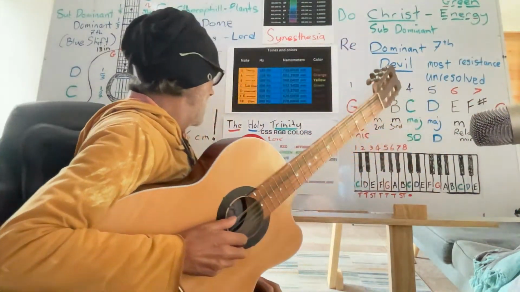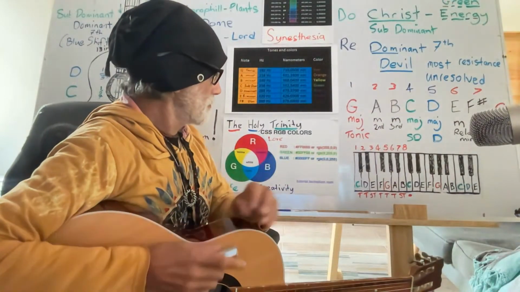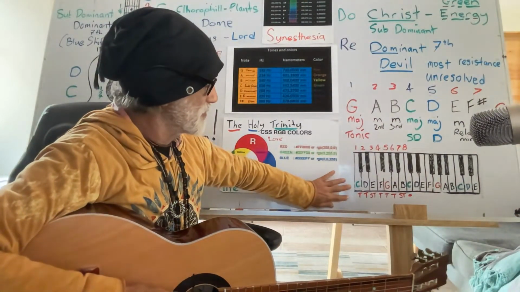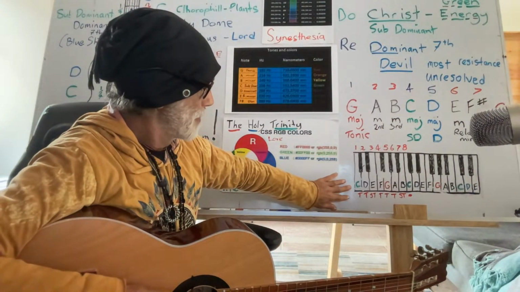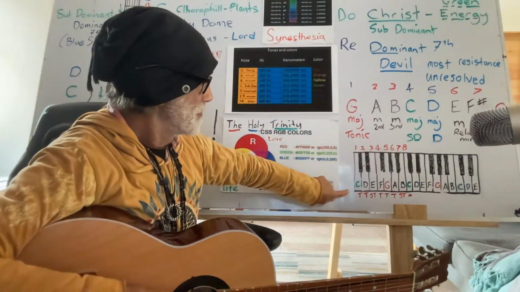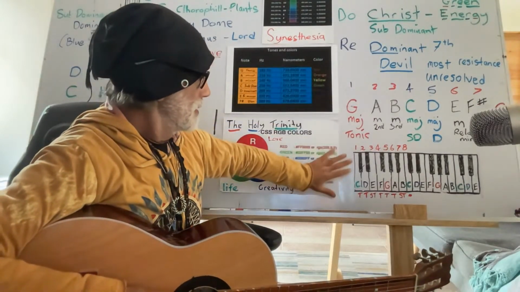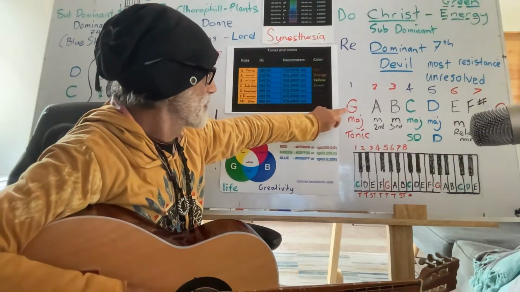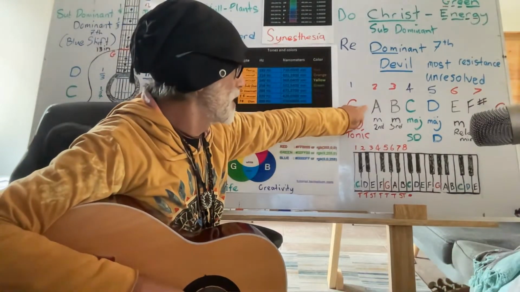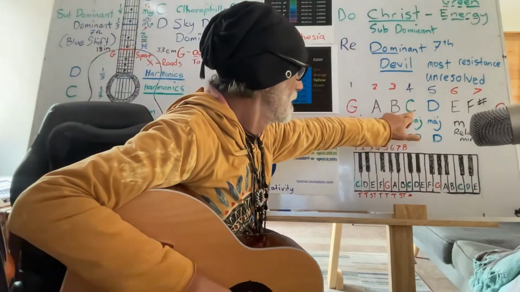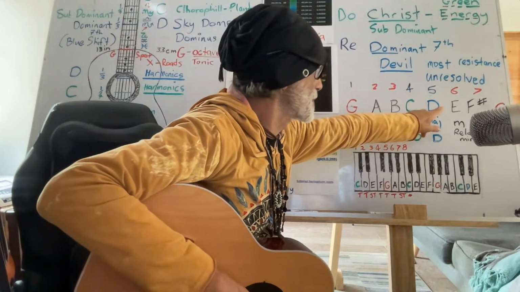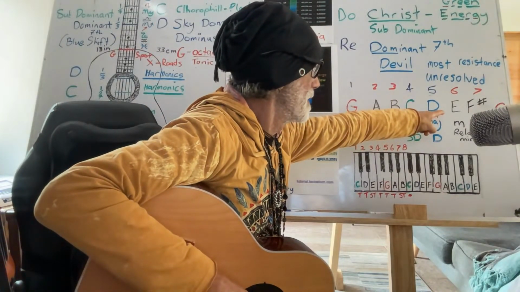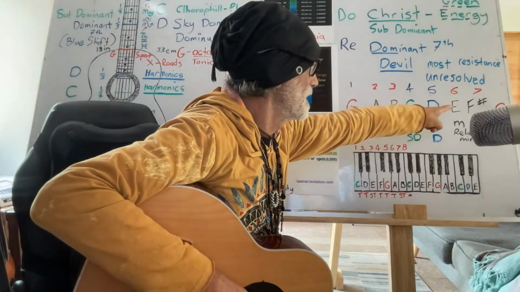All right, so of course that's in the key of G, okay? It doesn't matter, you can do this in any key, but here they are. The first is a major, the second's a minor, the third is a minor, the fourth and the fifth are majors, the sixth will be the relative minor, and the seventh will be diminished.